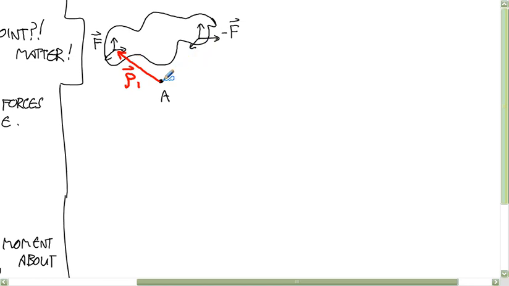And from our about point to where this force of negative F is applied, we'll call that rho 2. And if this point here is P1 and this point here is P2, okay, then like we've been doing with the tables, rho 1 is equal to P1 minus A, rho 2 is equal to P2 minus A.